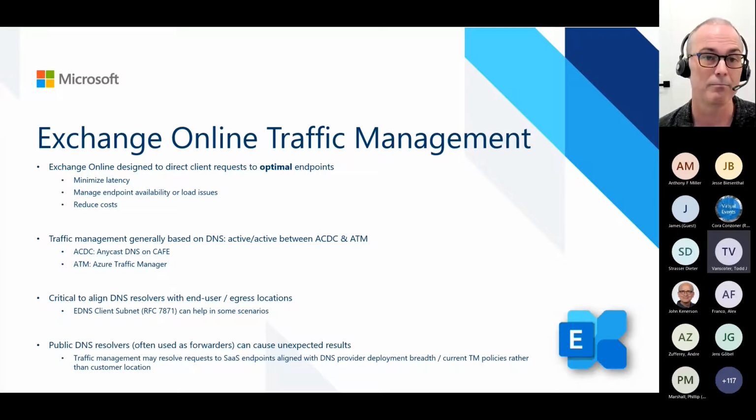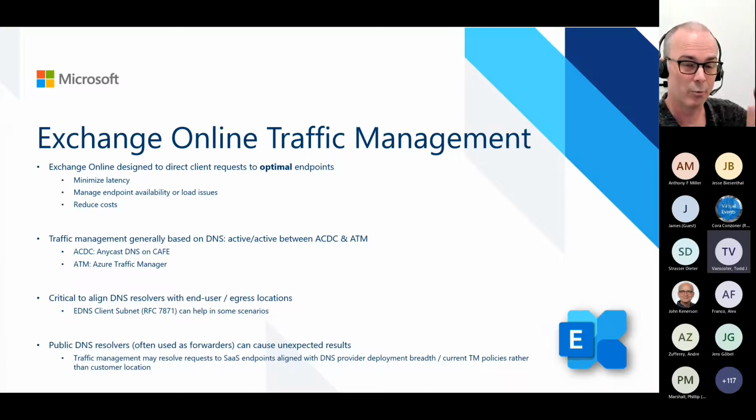The other thing to be aware of: public DNS resolvers. So this would be things like Google DNS or Cloudflare DNS, people using 8.8.8.8 or 1.1.1.1 for DNS resolution. When you do that to access a SaaS service, you're basically saying, I'm now going to rely on whoever that DNS provider is and their infrastructure and the breadth of their deployment to define where my end users are.